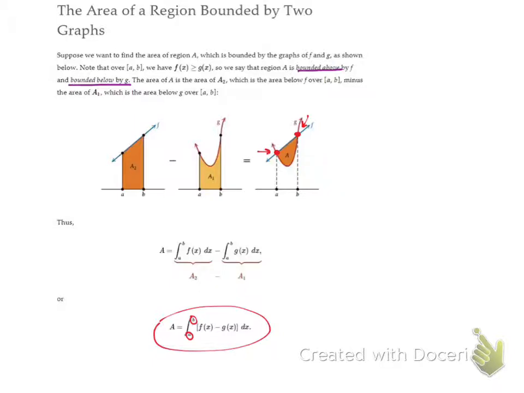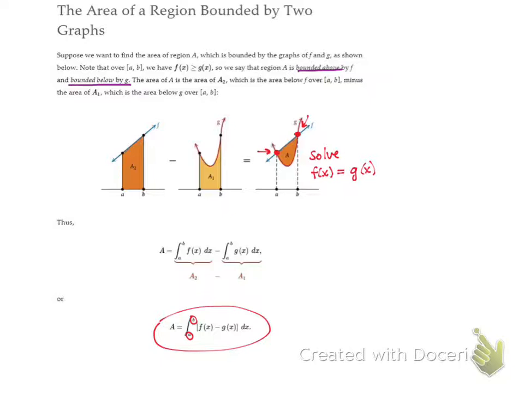The way you find those points is you solve the equation f of x equals g of x. And the solutions to that equation will be those boundary points a and b.